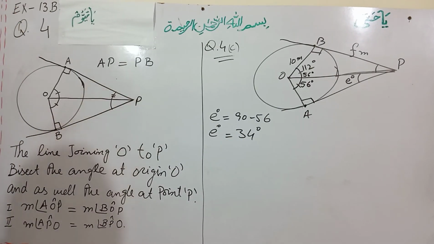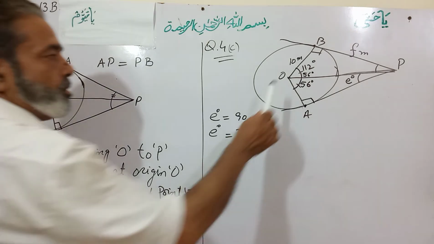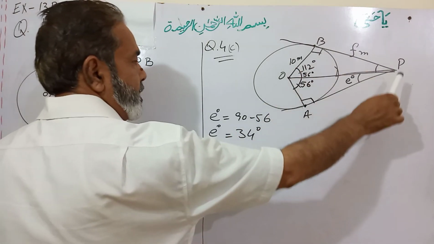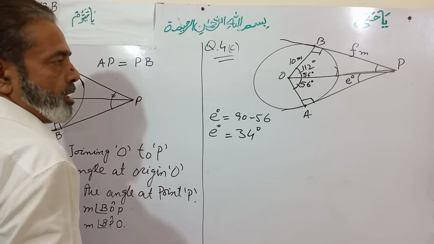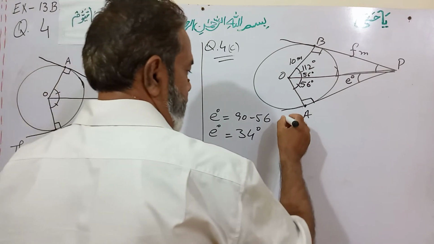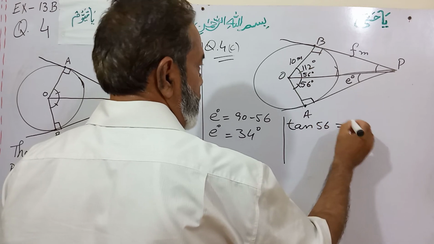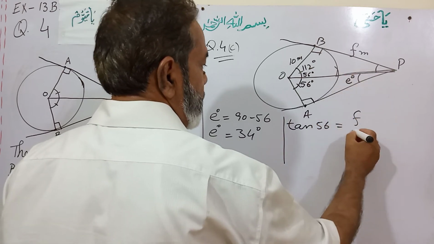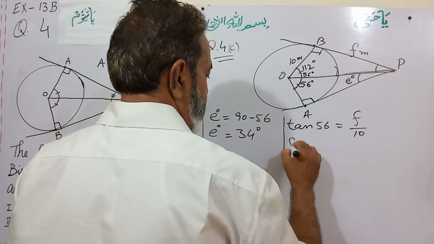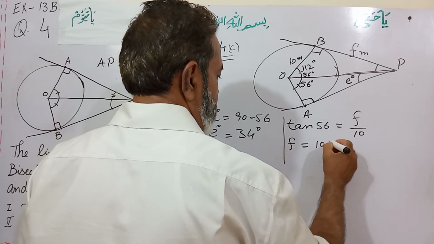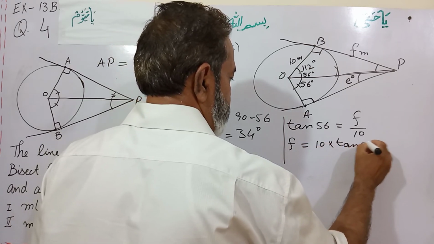Now for F, you use this OBP right angle triangle. So in this right angle triangle, tan 56 is equal to F over 10. So F is equal to 10 times tan 56.